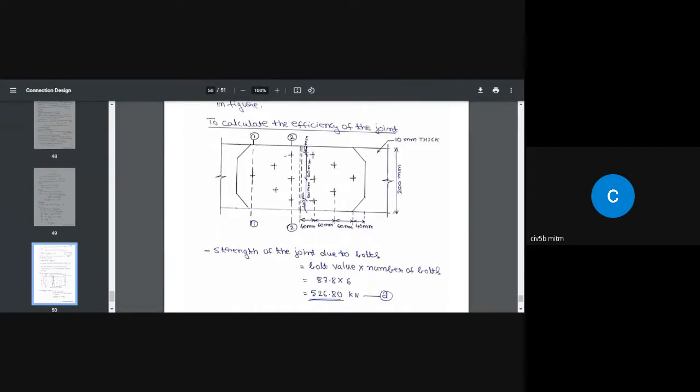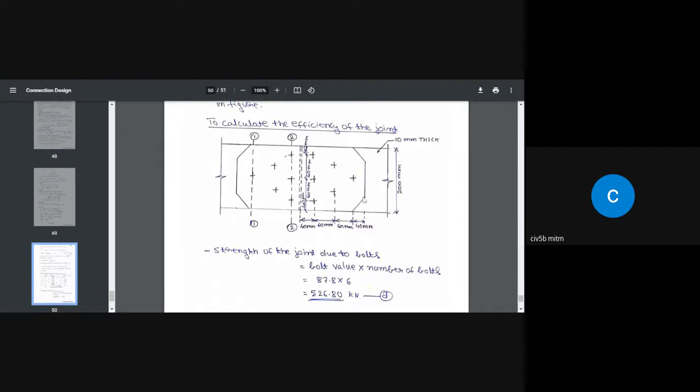We have to make sure that the plate strengths, both cover plates and the main plate, are greater than 450 kilonewton. For the main plate, section 1-1 is critical. That means if the main plate fails, it fails along section 1-1 only. If the cover plates fail, they fail along 2-2 only.